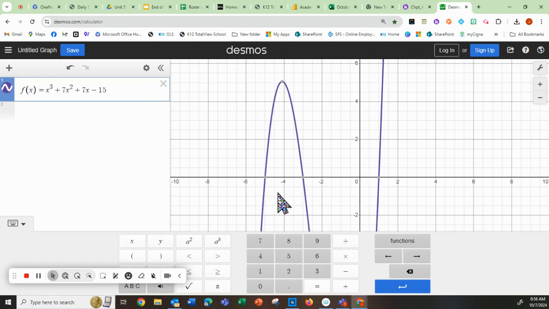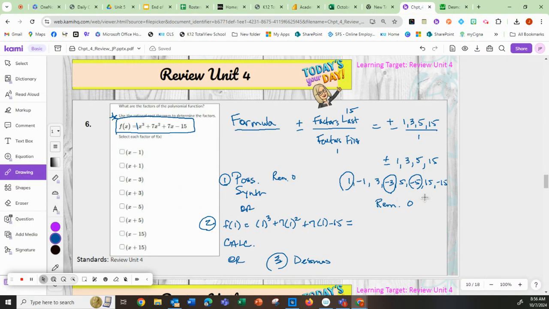So what you'd be looking for here, remember, solutions and zeros and roots are where the graph crosses the x-axis. So you got negative 5, negative 3, and positive 1. And I think we should have those circled. Remember, those are the solutions, so you have to go back and think about what the factor would have been.